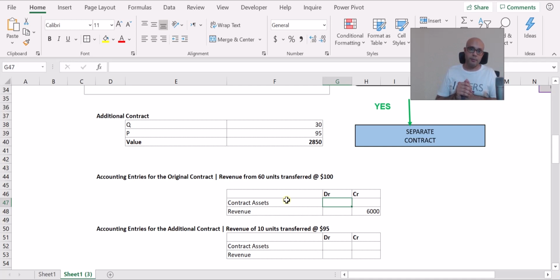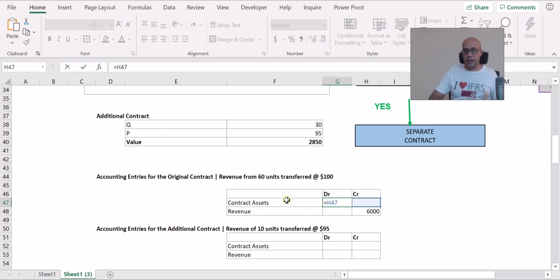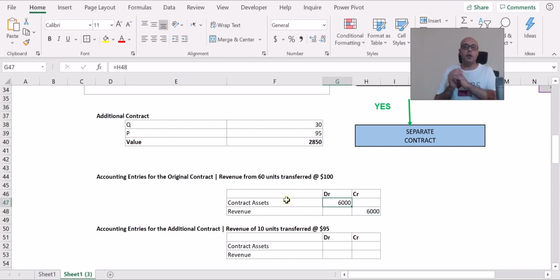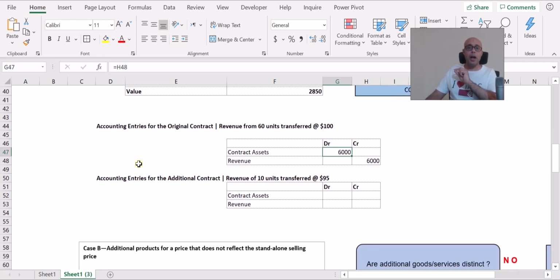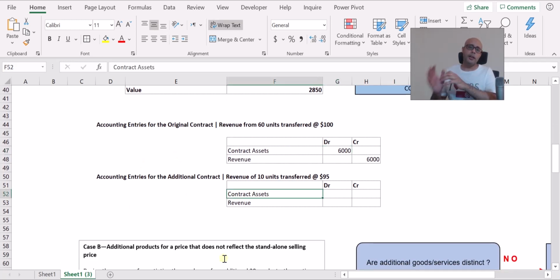So you maybe didn't issue the invoice yet. So the same amount is debited to the contract assets. And the contract asset in this case will be part of the current assets in the balance sheet. And this is a newly created account as per IFRS 15. Okay, clear. This is as per the original contract.